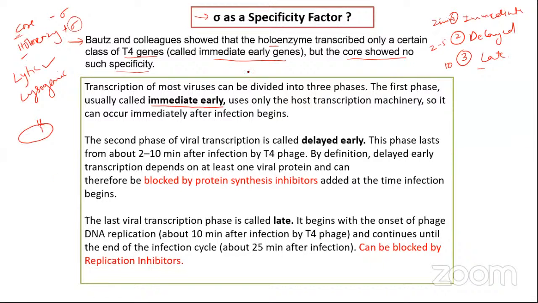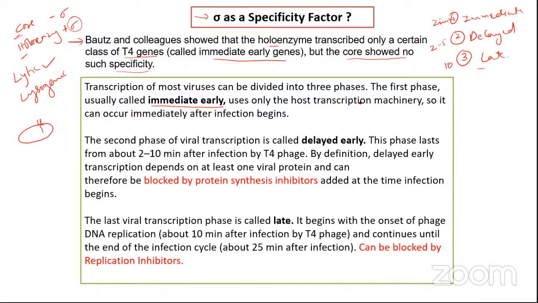Now once we know this, the task is to find out which genes are getting transcribed when I'm giving the holoenzyme intact T4 DNA. This is a completely in vitro reaction. There is no process where you are infecting E. coli and then looking at it.